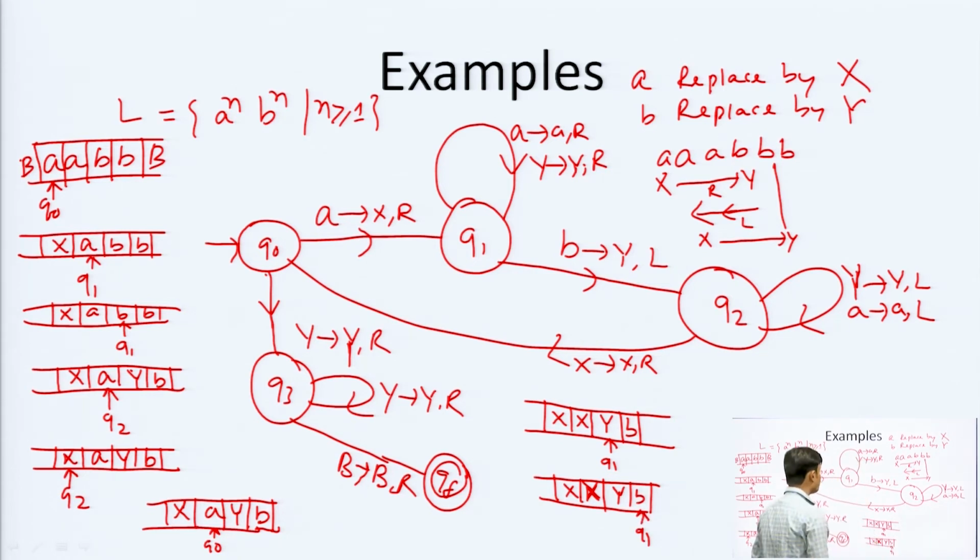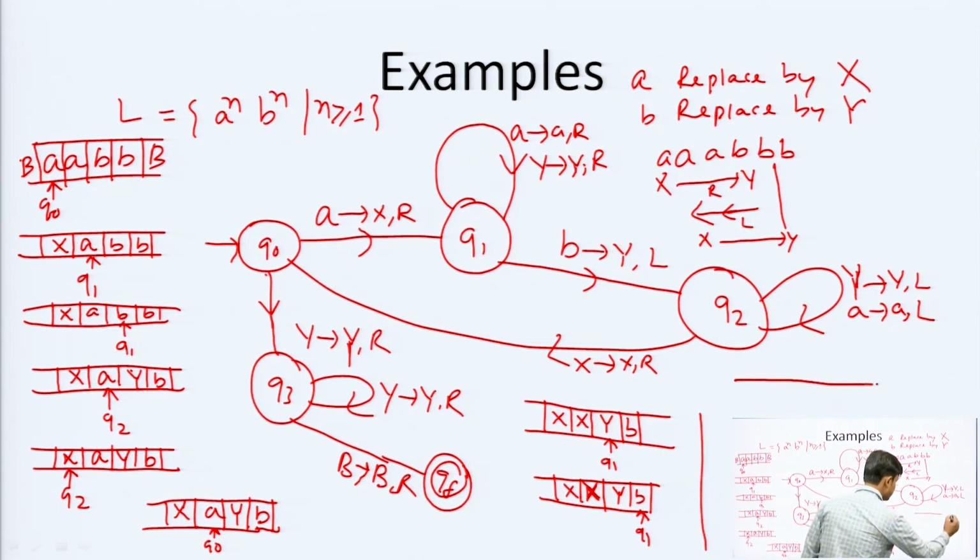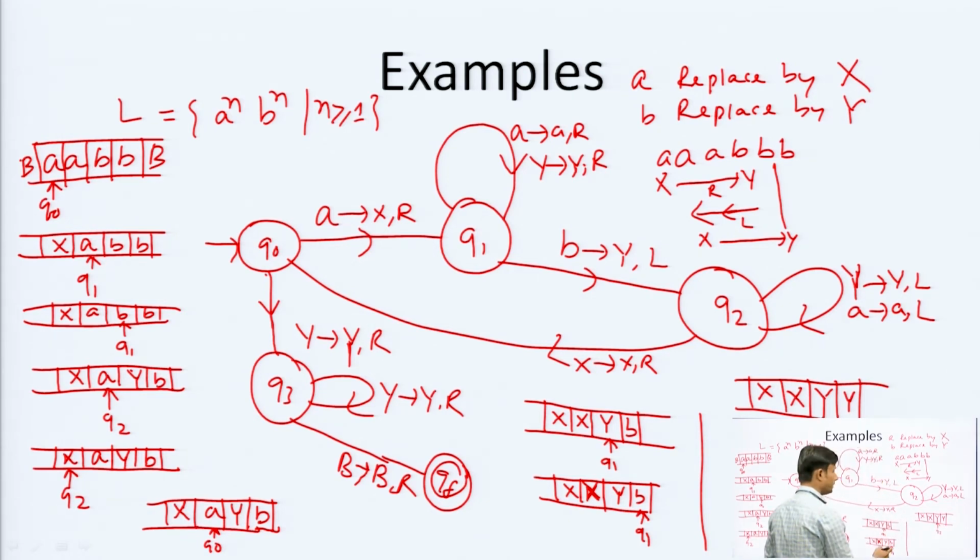When q 1 points to b, you have to replace it with y and move left, this is q 2.